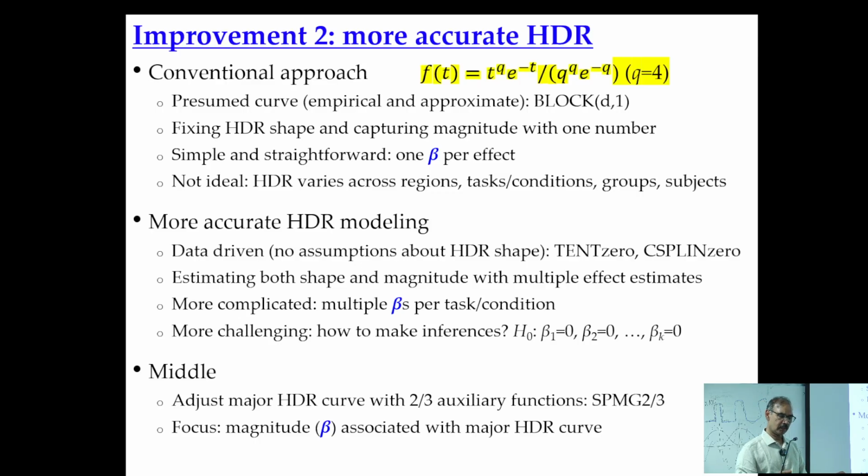So the magnitude of the hemodynamic response function tells us how much change there will be. If the magnitude is high, everything else being equal, then the response will also be high, right? Everyone understood.